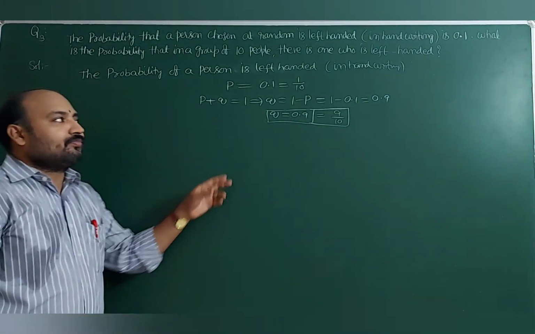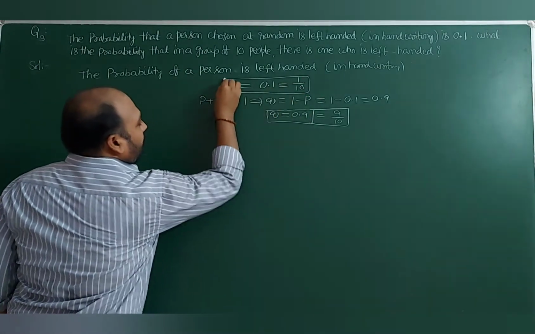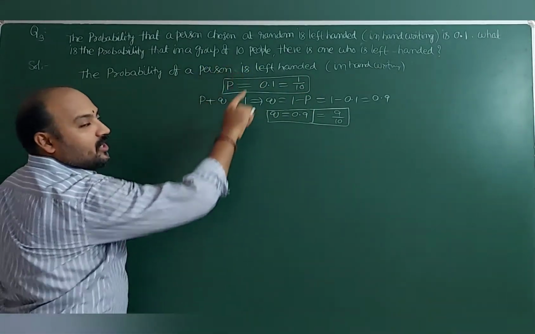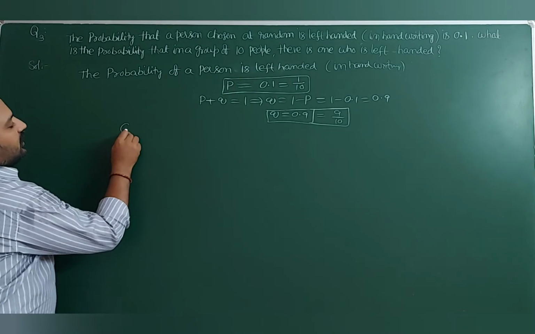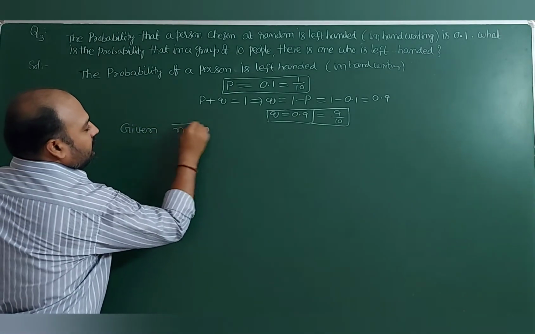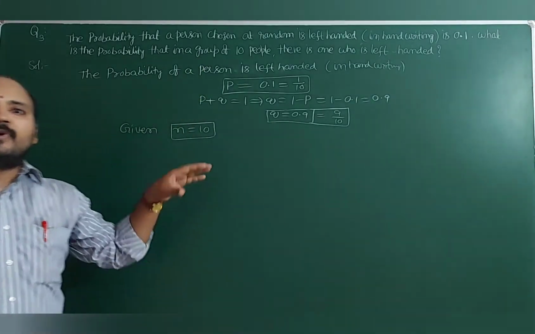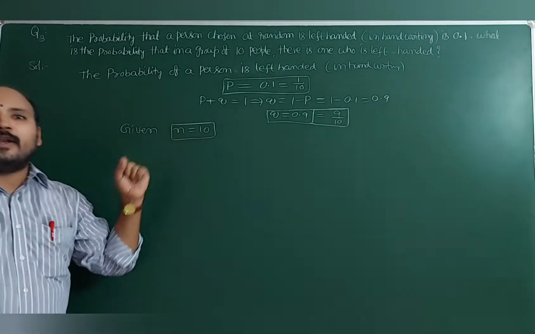So P value we got and Q value also we got. The group has 10 people, so n is equal to 10. Number of persons in a group is n equal to 10.